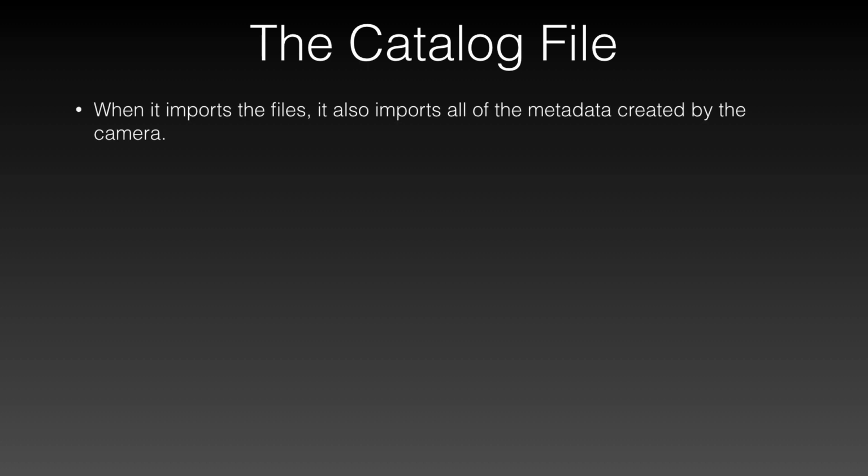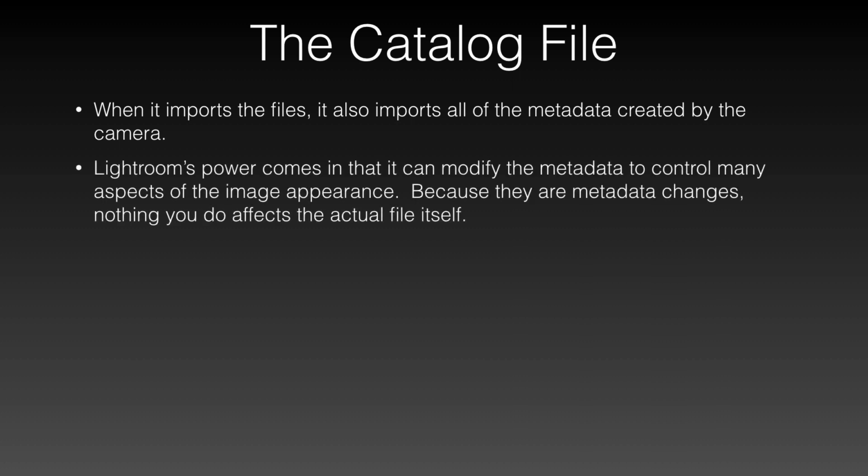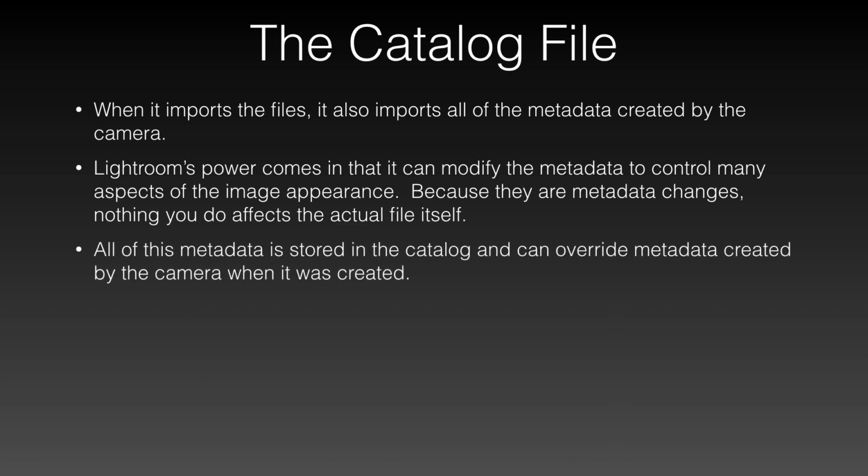When Lightroom imports the files, it also imports all the metadata that the camera created at the time. But Lightroom's real power comes in that it can modify the metadata to control many aspects of the image appearance. Because they are metadata changes, nothing you do affects the actual file itself. All of this metadata is stored in the catalog, and you can override metadata created by the camera when it was created.